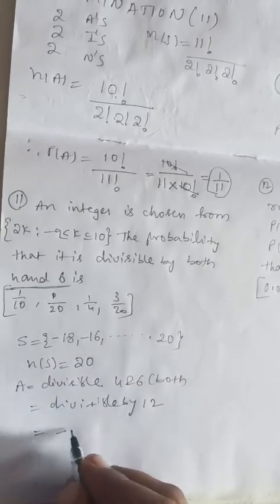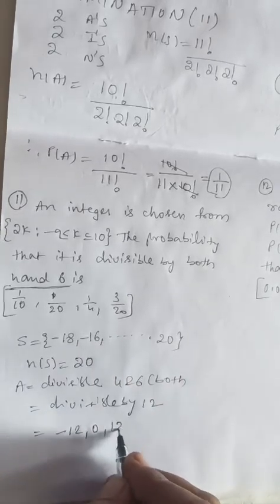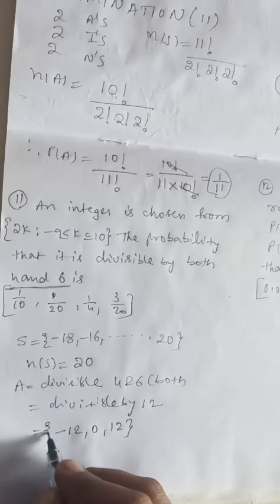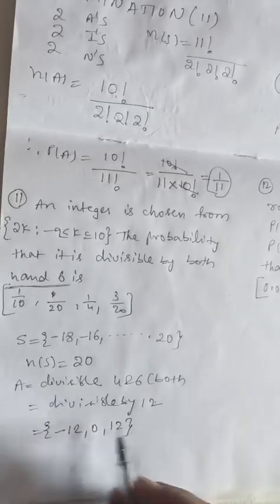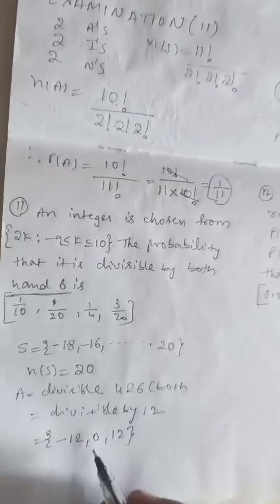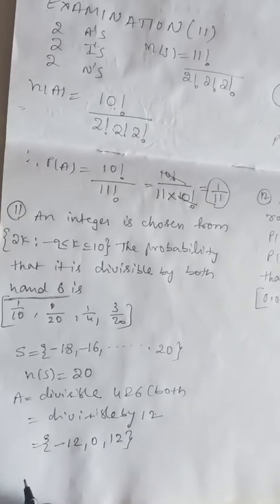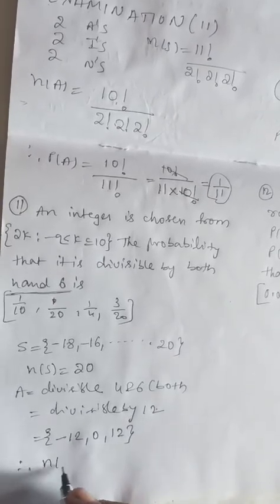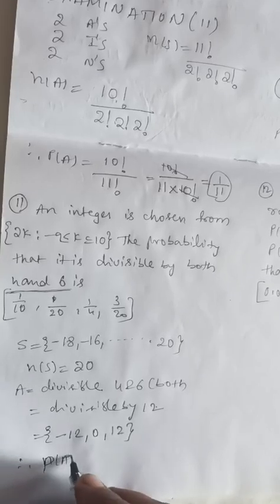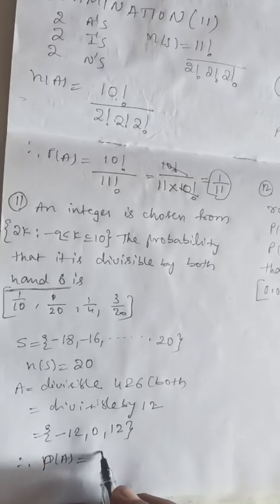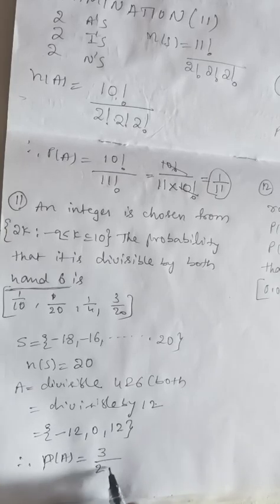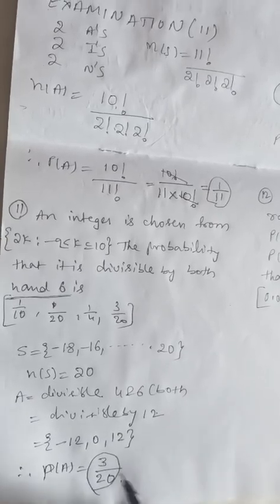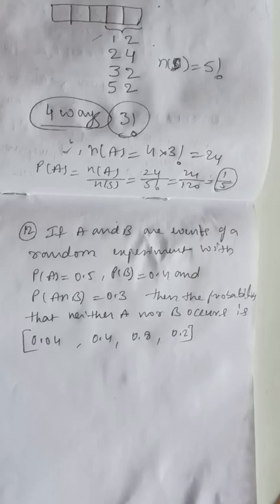Only minus 12, 0 and 12, we have 3 numbers. These are the multiples of 12, the numbers divisible by 12. So P of A equals n of A by n of S. There are 3 numbers out of 20 numbers. So 3 by 20 is the answer.